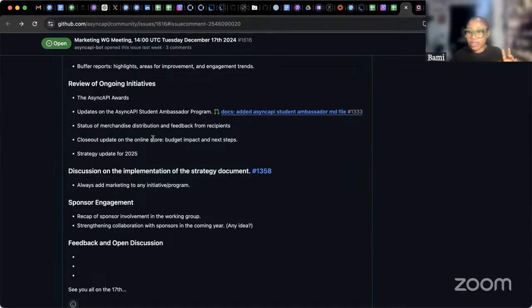Because I think for the design, they are working on how to make badges on the Holopin platform. So we plan to explore that next year, not this year. So I think, again, we'll be posting on the AsyncAPI award until we know for sure how we are going about the swags or the merchandise.